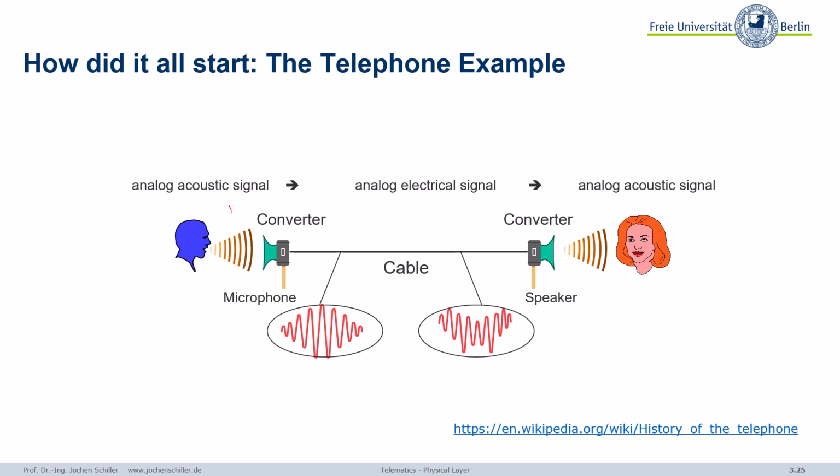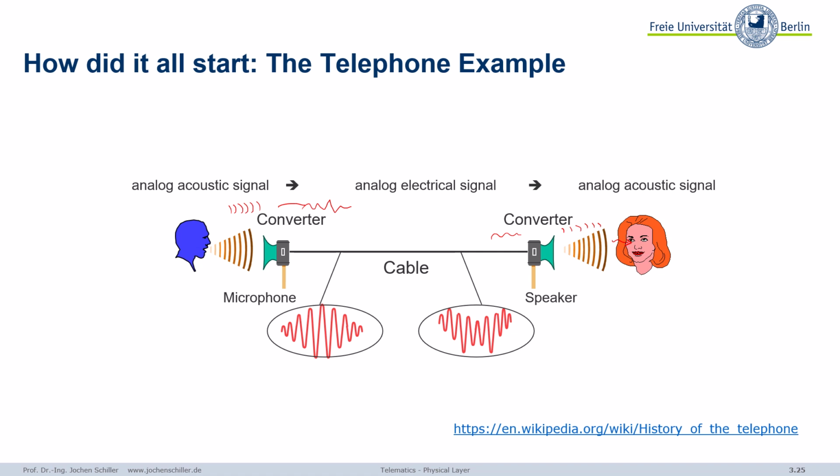So these are different pressures in the air converted into a signal by the microphone. And on the receiver side, you again have a converter, a loudspeaker, converting these signals into, again, differences in air pressure reaching then our ear. So that's the core idea.